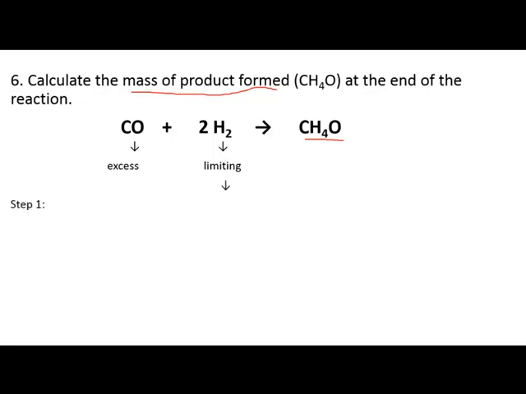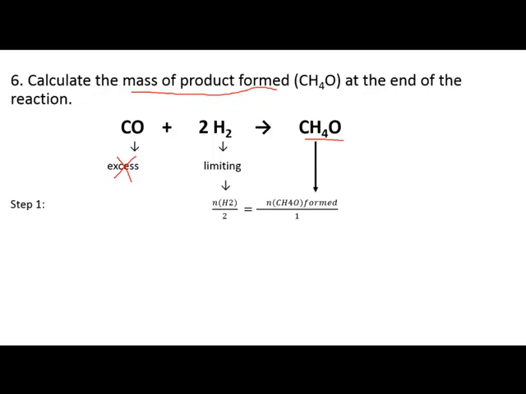Okay, step 1. We use the stoichiometric ratio of the product formed in order to calculate its mole quantity. We calculate it from the limiting reactant. Since with the excess reactant we have an excess amount that is not reacted, if we use its initial quantity, this means the 5 mole, which is not completely reacted, it will give me a wrong answer if I use it in the stoichiometric ratio.